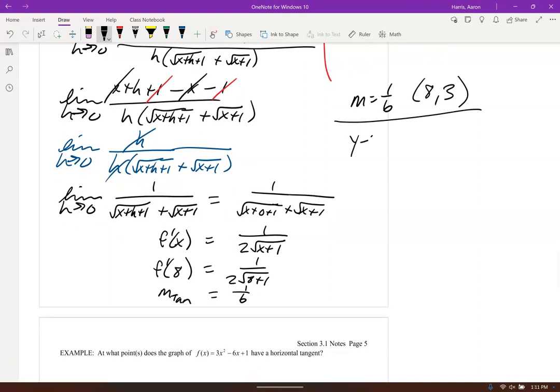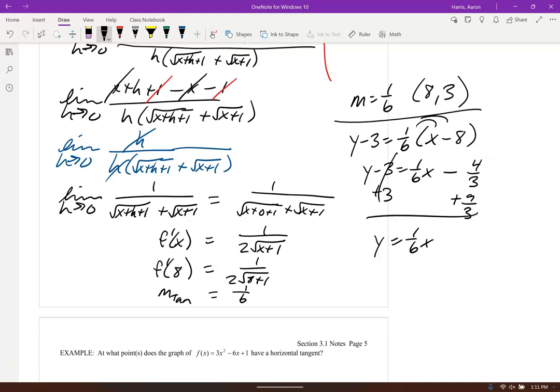So y minus y1 equals slope times x minus 8, minus 8/6, or 4/3. Now I add 3, or 9/3. So I have 1/6 x plus 5/3. And there's the equation of the tangent line, which includes the slope of the tangent there, right? Through that point 8, 3.